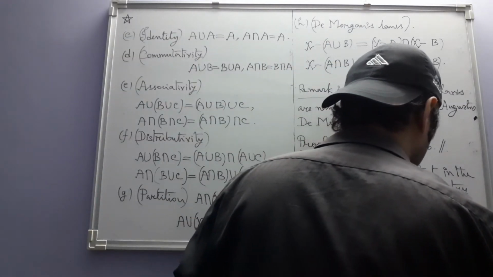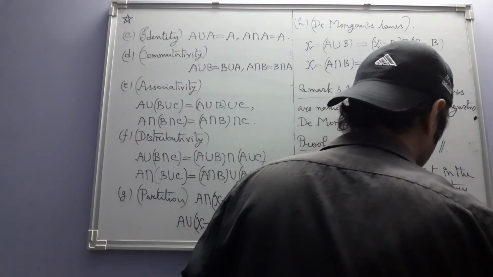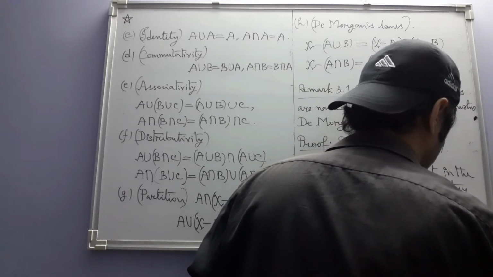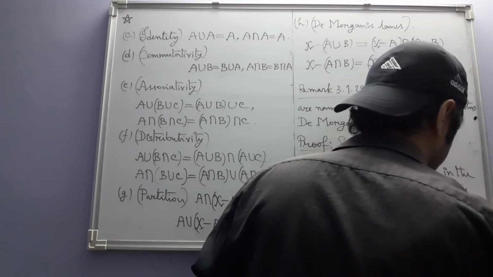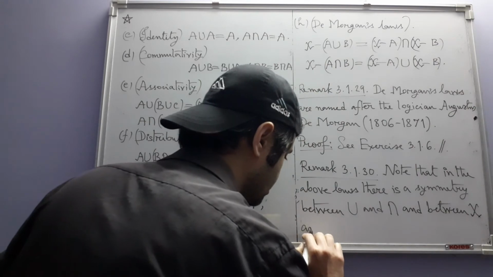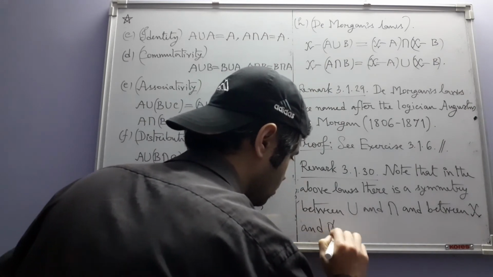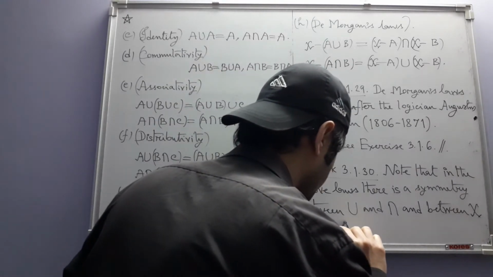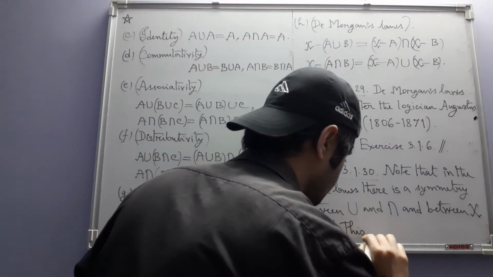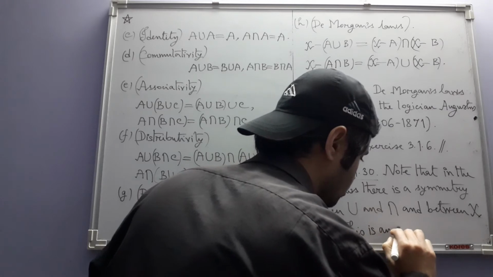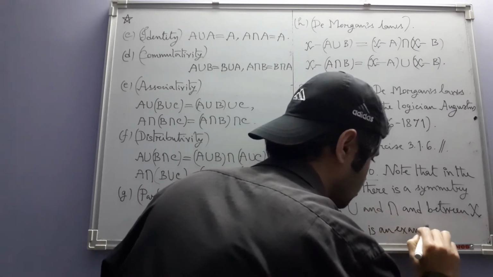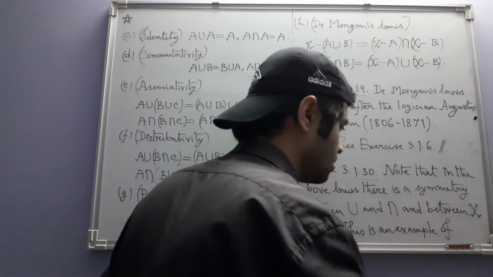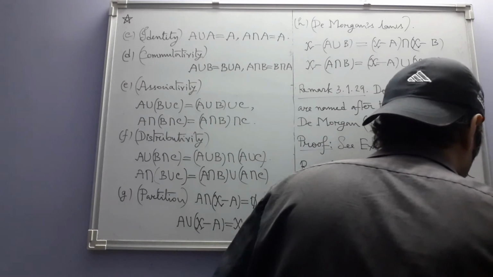And also between the entire set X and the empty set. This is an example of something called duality.